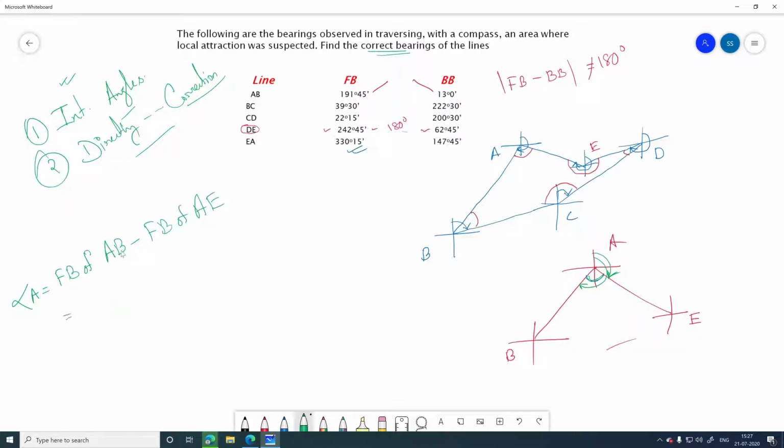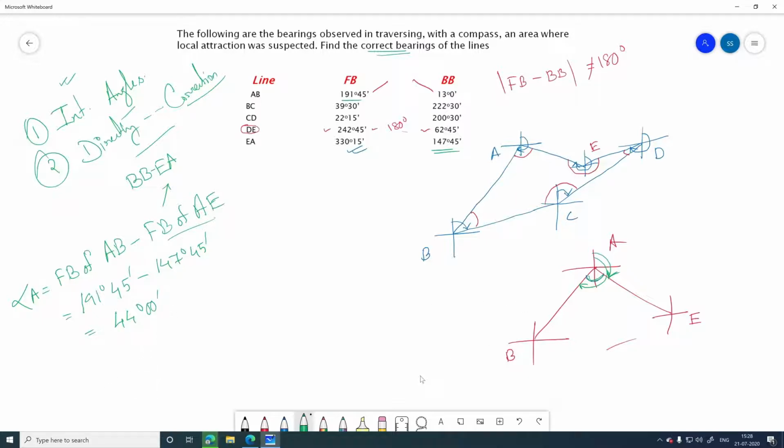The forward bearing of AB is 191 degrees 45 minutes. The forward bearing of AE is not given, but E is given, so we take it as the back bearing of EA, which is 147 degrees 45 minutes. So minus 147 degrees 45 minutes, the value is 44 degrees 00 minutes. Very simple.